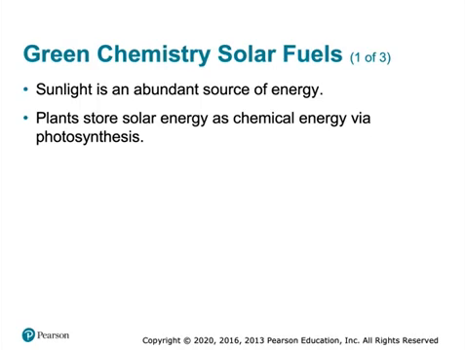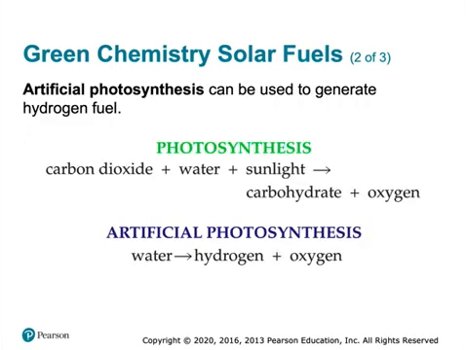Green chemistry. So we have sunlight as a very abundant source of energy, and plants take solar energy and store it as chemical potential energy via photosynthesis. And we are looking to use artificial photosynthesis to crack water into hydrogen and oxygen. This is not typically how we generate hydrogen fuel.